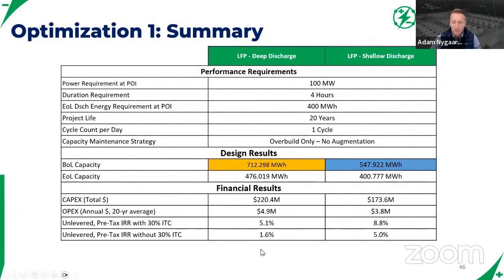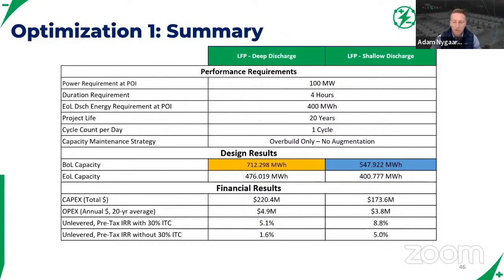So what does this mean? It means your upfront CapEx is a difference of approximately $45 million, the 220 compared to the 173. Additionally, you see savings on the OpEx side because there are fewer cells to maintain and service throughout that lifetime.